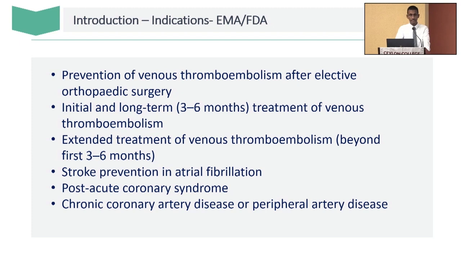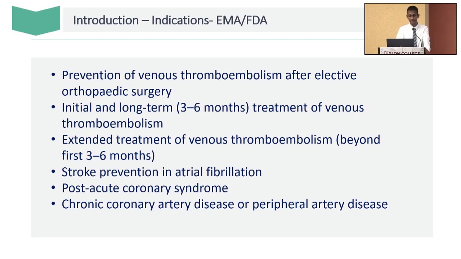So these are the indications that have been approved by the EMA as well as the FDA. Just to go through them one by one. The first one was prevention of VTE post-orthopedic surgery. Then for treatment of acute VTE, both DVT and PE, during the initial stage of 3 to 6 months.